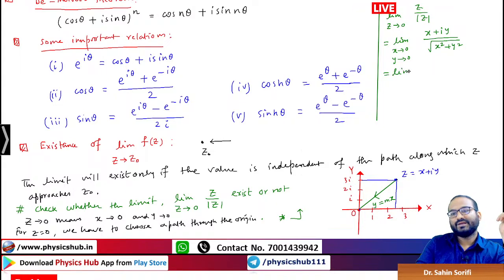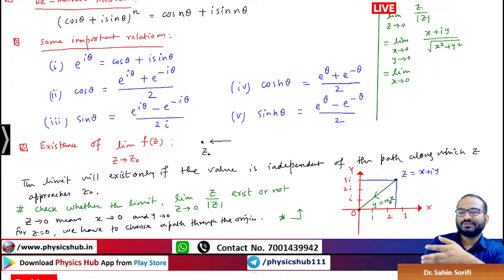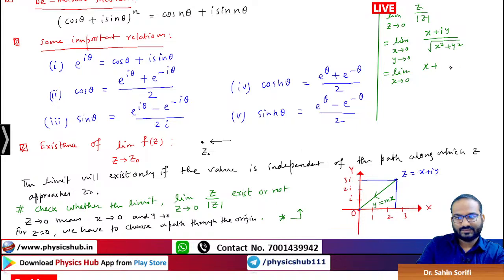So limit x tends to 0. We know the value of y equals mx, so let's put that. So x plus i mx, now the y value we have replaced, so there is no point of writing the limit of y, divided by root over x square plus y square.